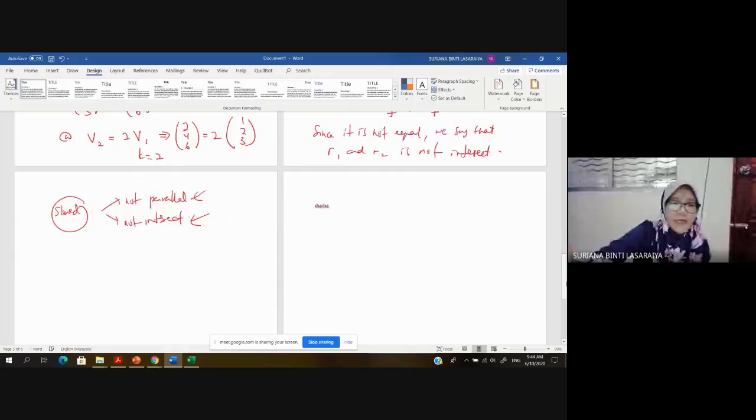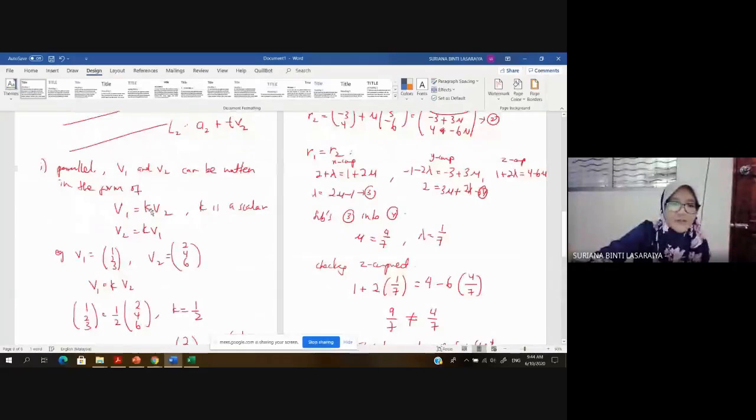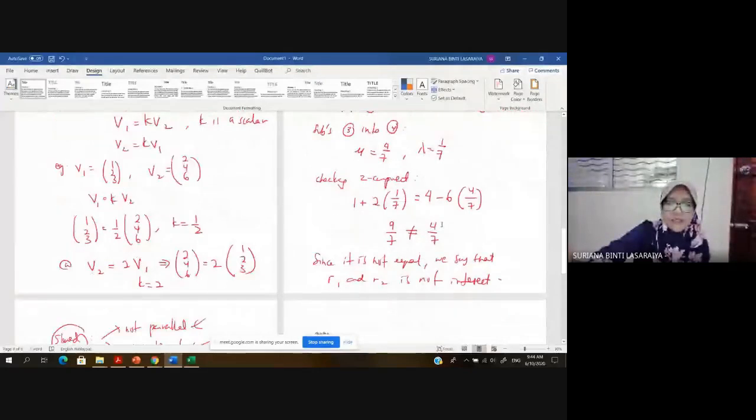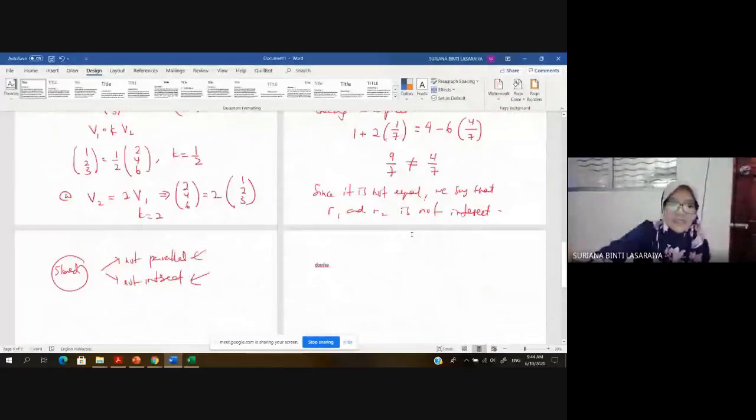In this case, you must show that you cannot have K in this expression. There is no K in this expression. K does not exist. Yang ini pula maksudnya kamu kena tunjukkan yang Z component tidak satisfy. Then it is not intersect. Since not parallel and not intersect, maksudnya it is skewed.